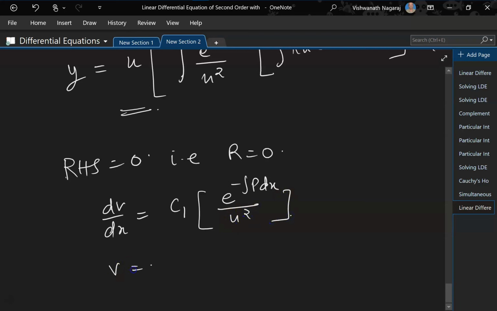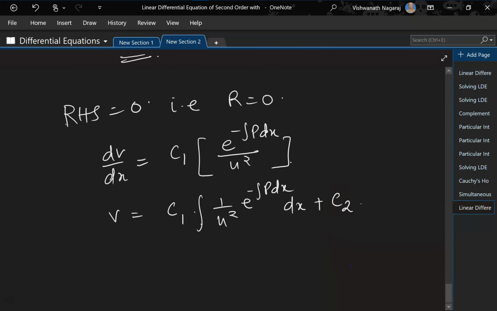And to get v we have to integrate it. So v would become c1 times the integral of 1 by u square e to the power of minus integral of p dx, plus c2, right? And this is in variable separable form. We can solve it using that method.